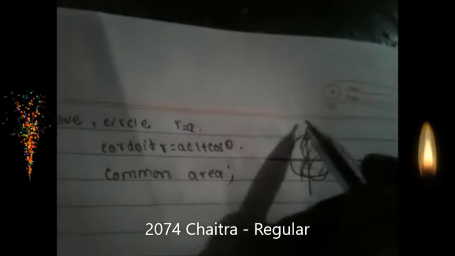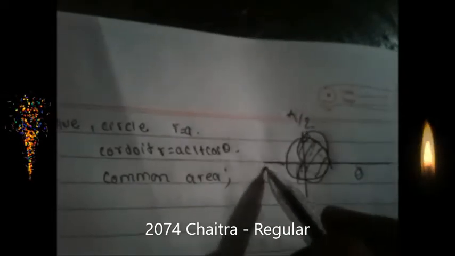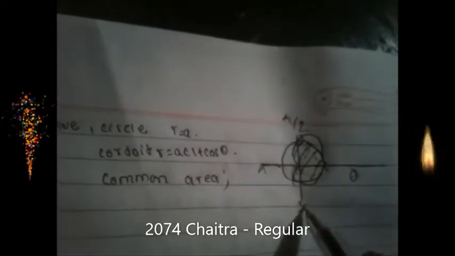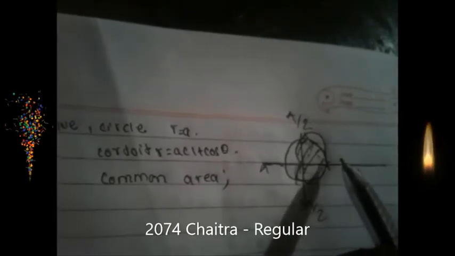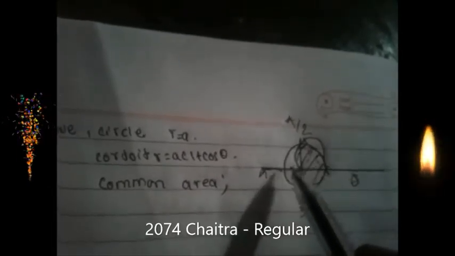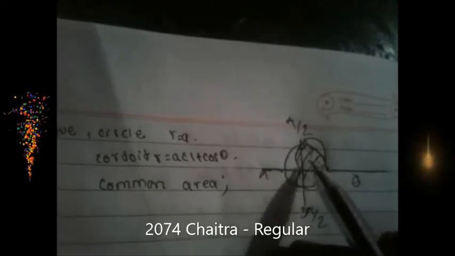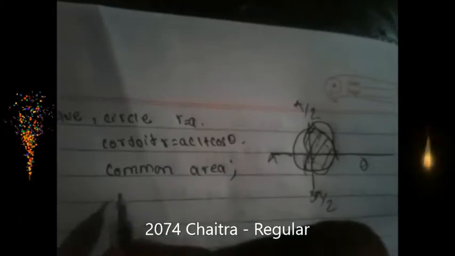So this is 0, this is pi by 2, this is pi, and this is 3 pi by 2. We do from 0 to pi by 2 for the circle and pi by 2 to pi for the cardioid, and multiply by 2 to get both sides.